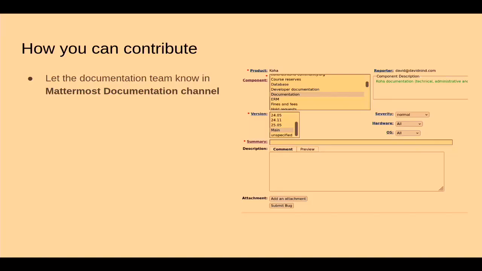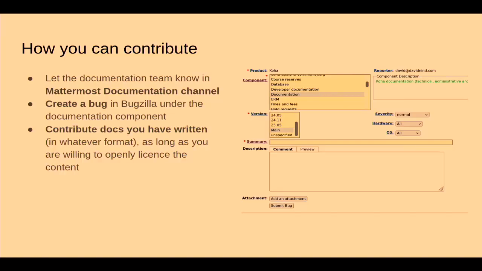Are most people on the Mattermost chat thing? Yes? No? Yes? Cool. And if you like, you can also create a bug in Bugzilla under the documentation component. So that's one place where we track things that need to be fixed or changed or updated.